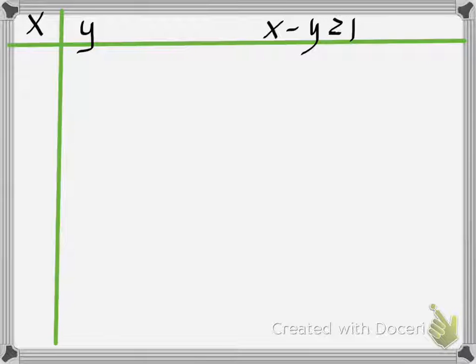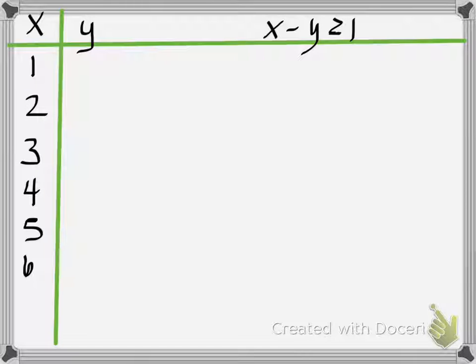So what number can I start x with if it needs to be 1 more than y? Remember, 0 is a possibility. 1. So we're going to go 1, 2, 3, 4, 5, 6. Wait a minute, I can keep going forever, right? I need to figure out where to stop.